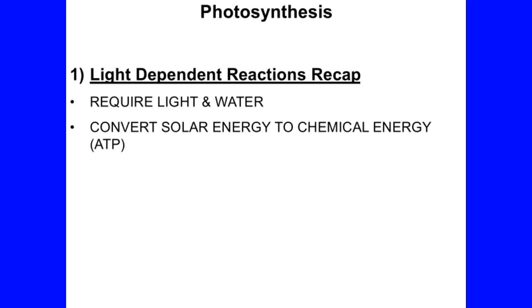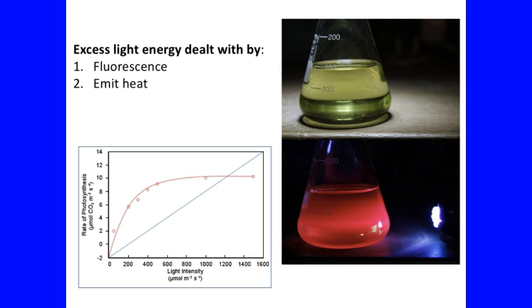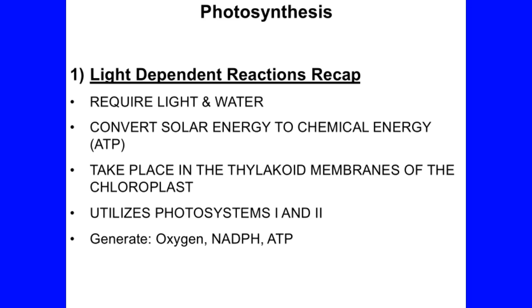You are going to want to know where in the cell it takes place. So the light-dependent reaction does take place in the thylakoid membranes of the chloroplast. It does use photosystem 2 and photosystem 1, and it actually releases or creates oxygen, NADPH, and ATP.